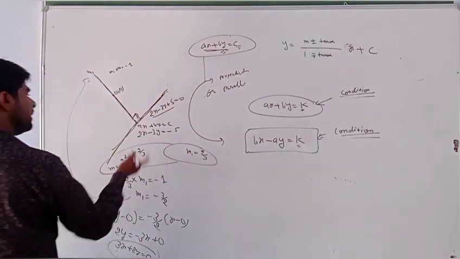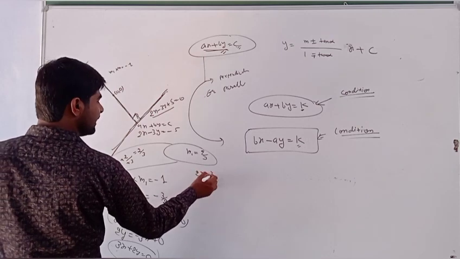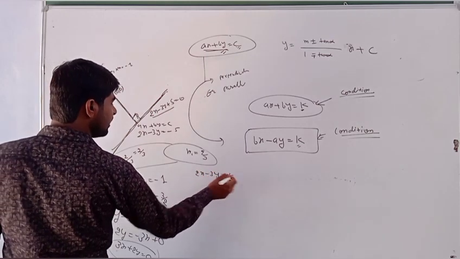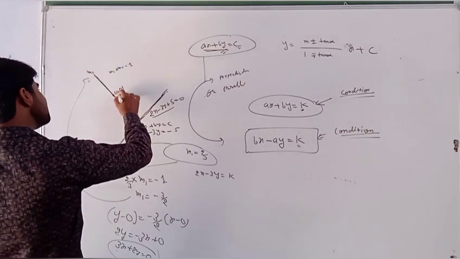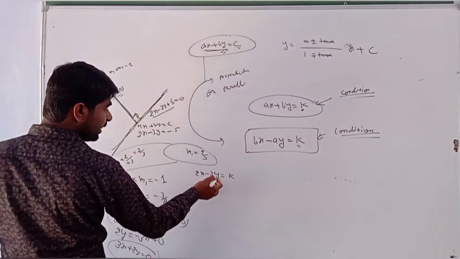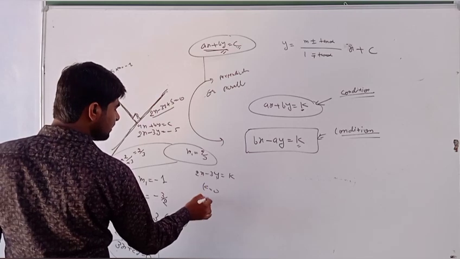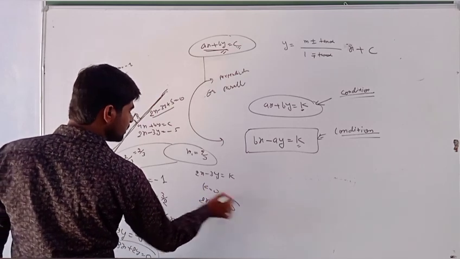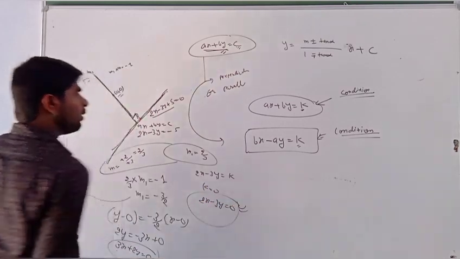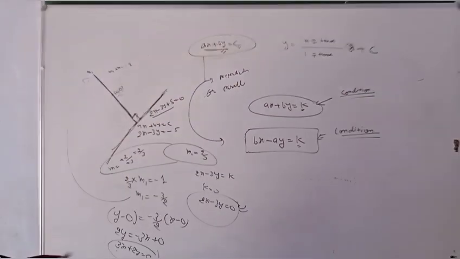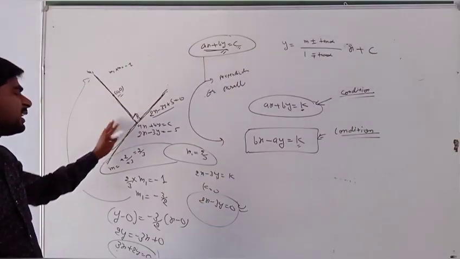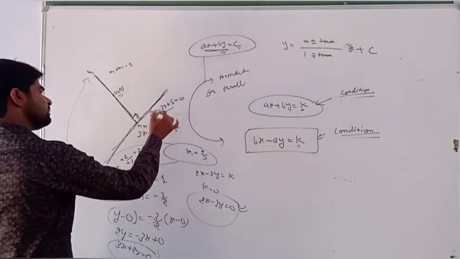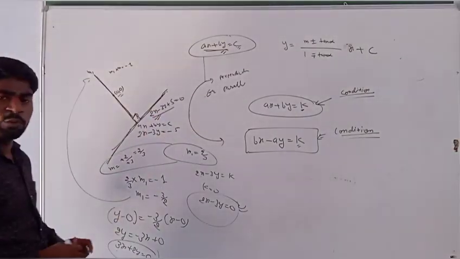Then the answer will be 2x minus 3y equals k. Since this line is going through (0, 0), if you put 0, 0 here, k will be 0. So the answer will be 2x minus 3y equals 0. So as per the condition or point, you can find the value of k. You can do it by both the methods, but the basic is this, and you can do it directly by the formula also.